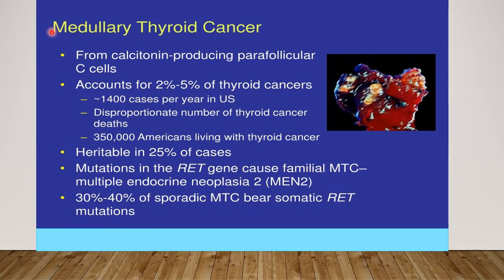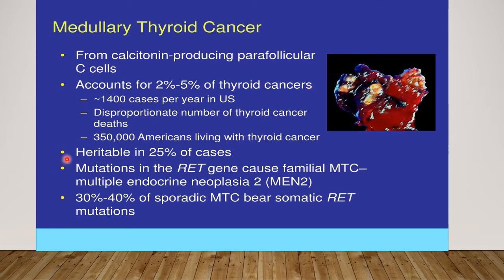The last of the 4 common cancers of the thyroid is the medullary carcinoma of the thyroid, MTC. This arises from the calcitonin-producing parafollicular C cells located in the thyroid. It accounts for 2 to 5% of thyroid cancers.